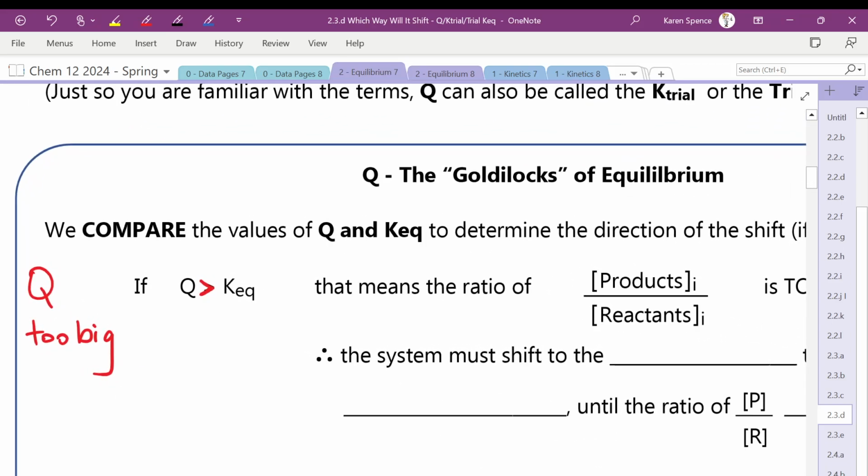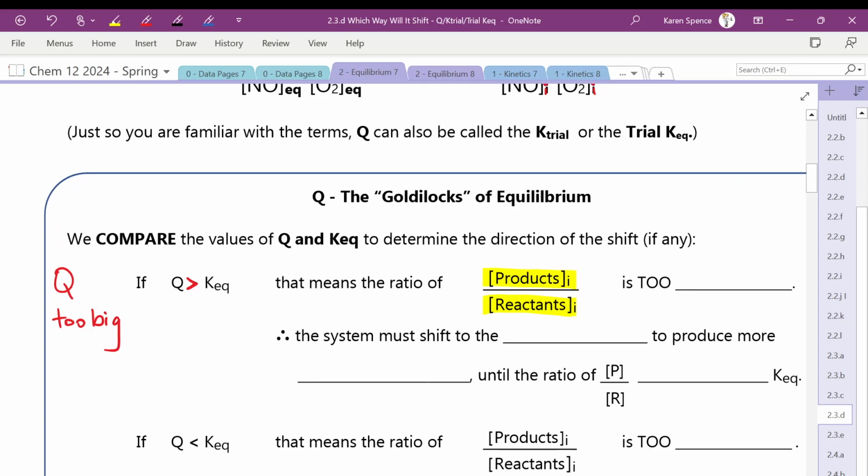Remember, KEQ and Q are both product over reactant. So if Q is too big, that means we've got too much stuff in the numerator and not enough in the denominator. In other words, we have too much product.